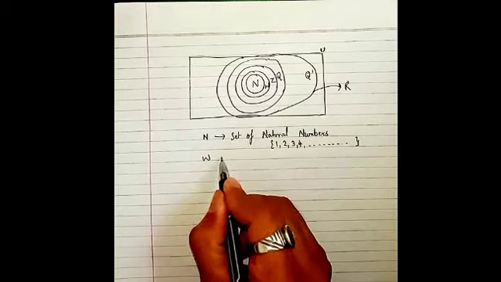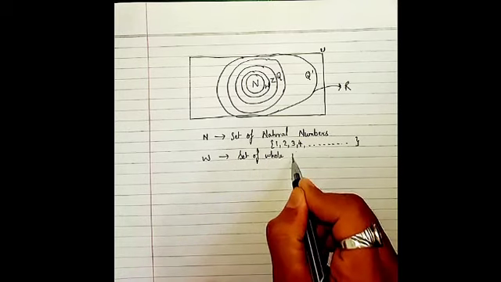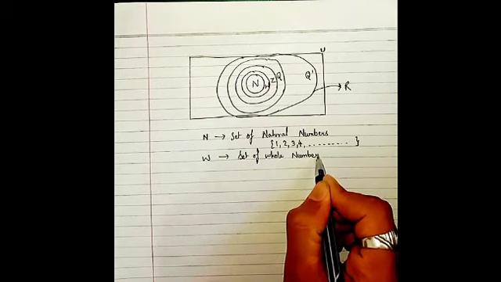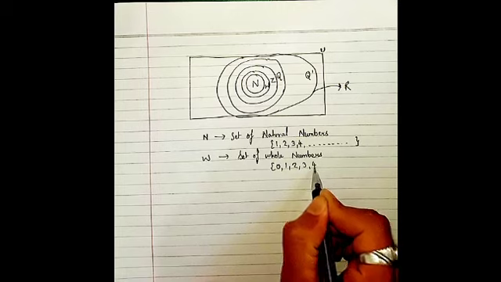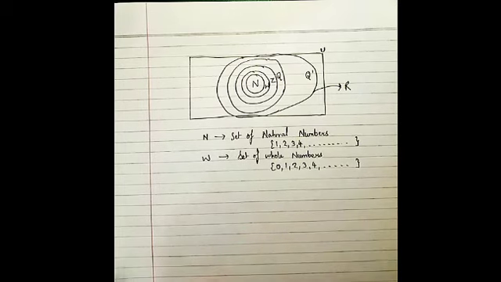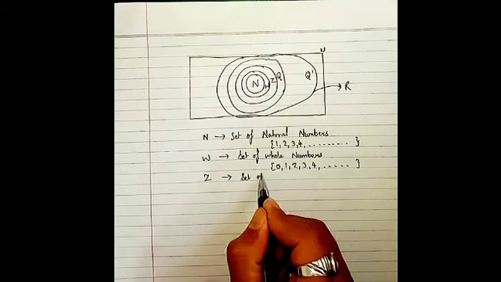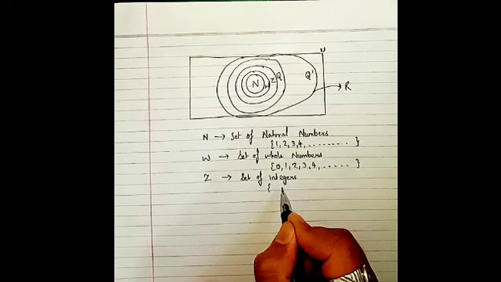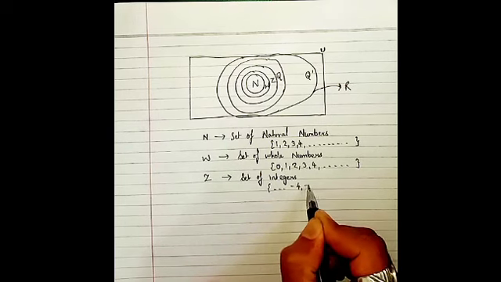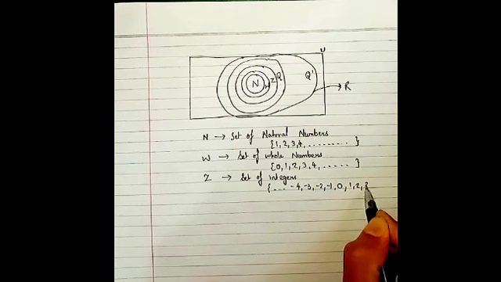W here corresponds to the set of whole numbers, which begin from 0. Z is the set of integers, which include negative numbers, 0, as well as positive numbers.